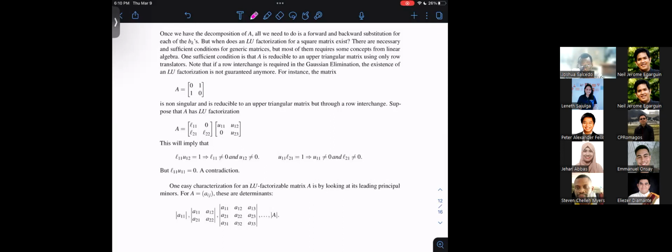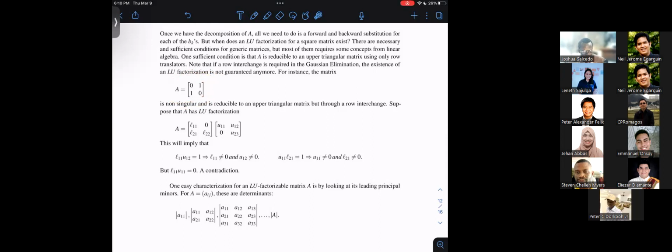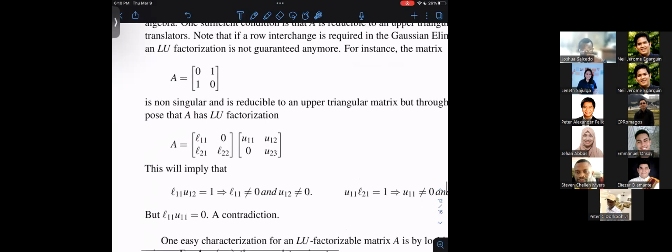So for instance, you have the matrix A over here, 0, 1, 1, 0, right? Now, this matrix doesn't have an LU factorization without row interchanges, right? The proof of the non-existence of an LU factorization for the matrix A is as follows.